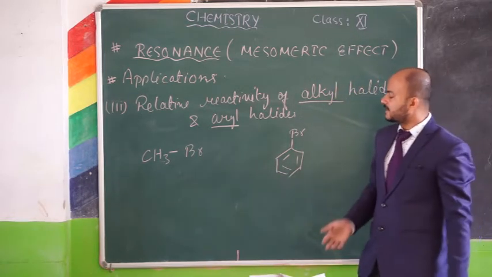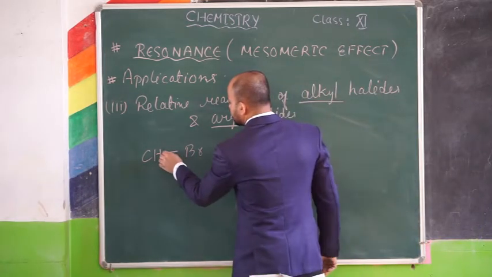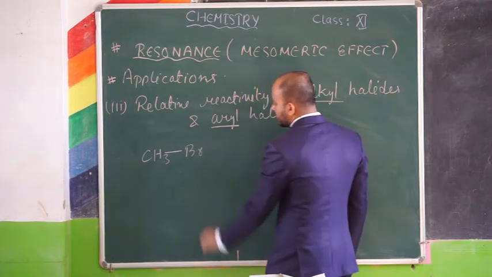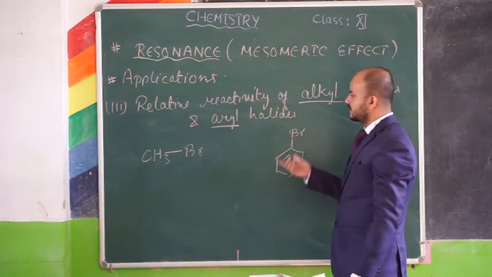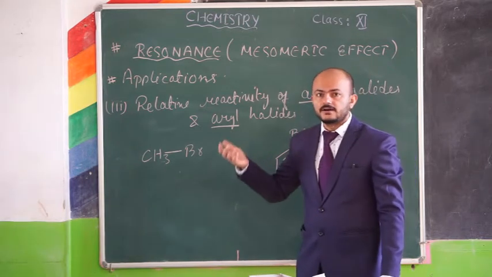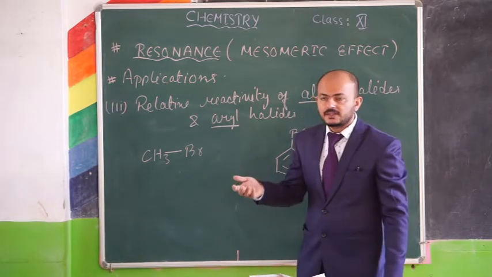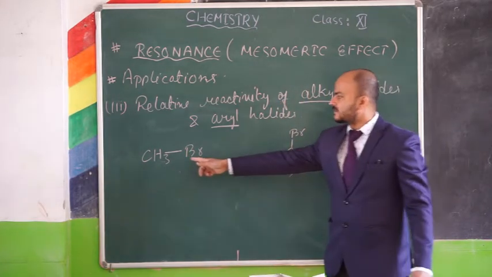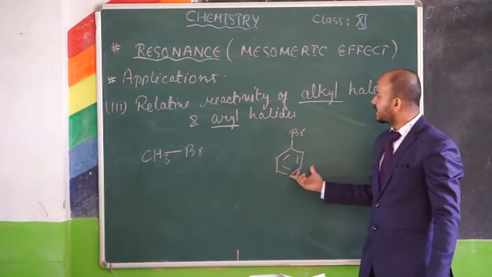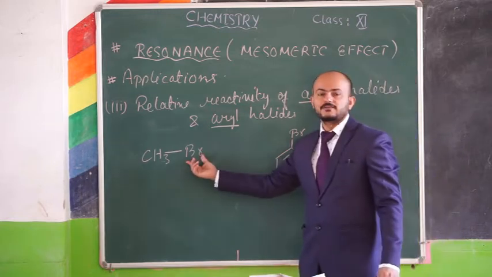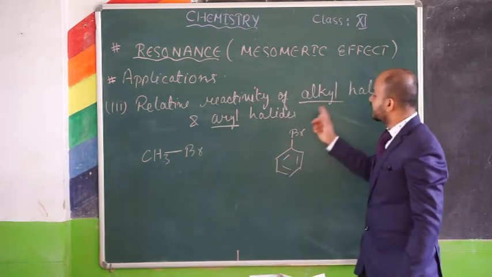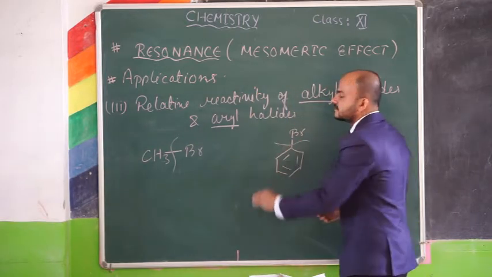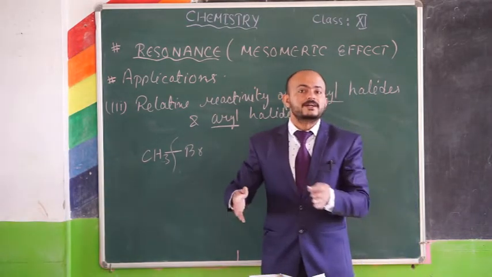The reactivity of the halogen depends upon how easily this Br can be removed from either the alkyl or aryl group. Here we are discussing halides, not amines. How easily can this bond be dissociated? The more easily this bond can be dissociated, the more reactive it will be.